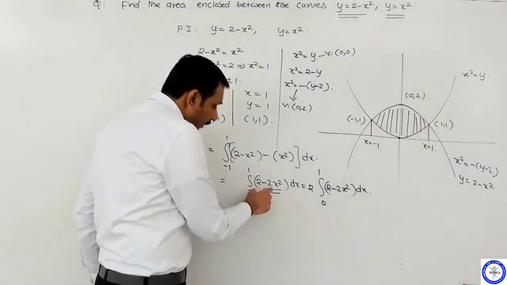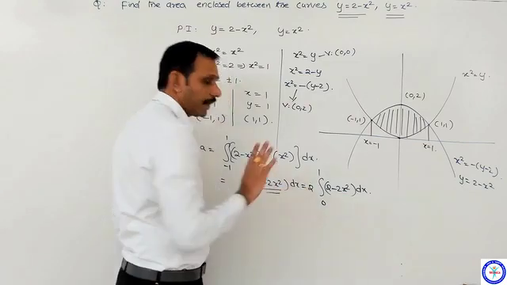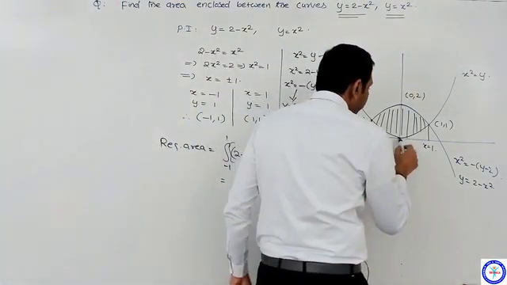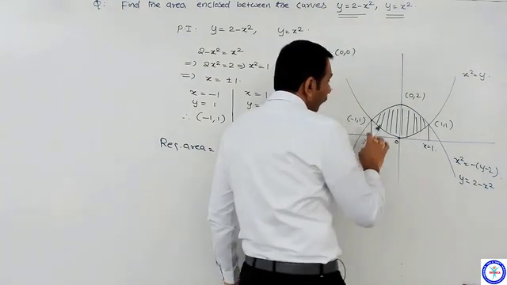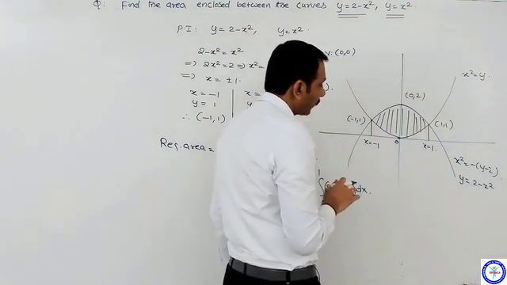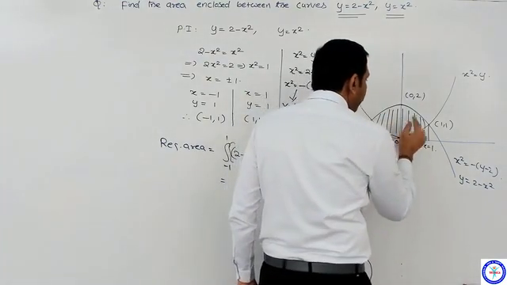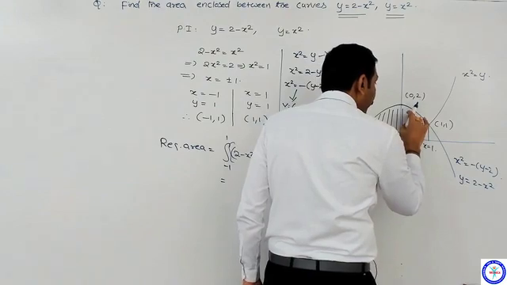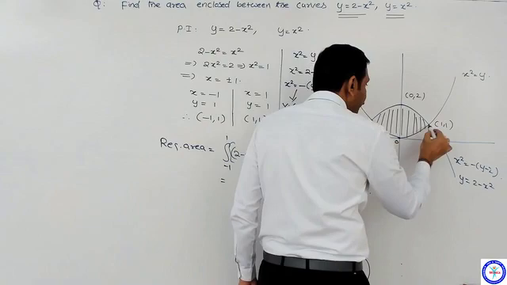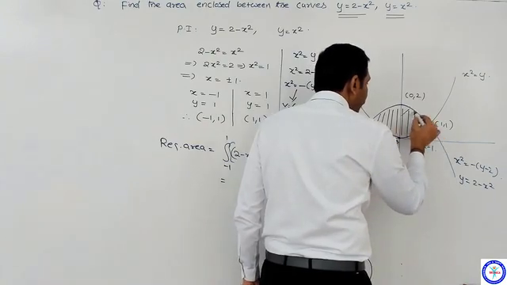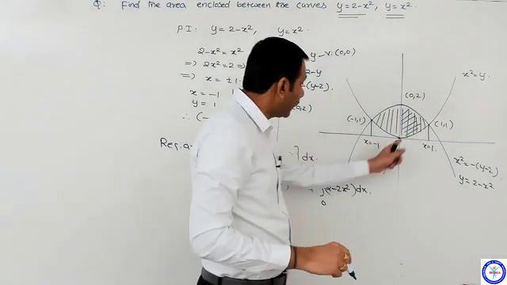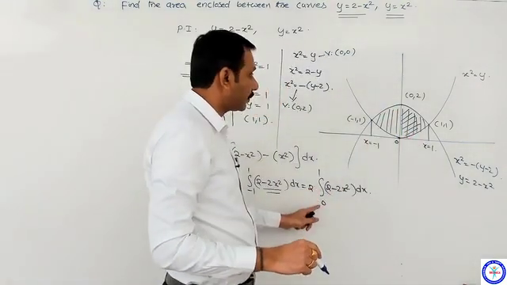Or otherwise, from the diagram, these two curves are symmetric about the y-axis, so the total area is nothing but 2 times one part of this area, either this part or this part. Therefore, if I take 0 to 1, calculate this area and double it, I will get the total area.